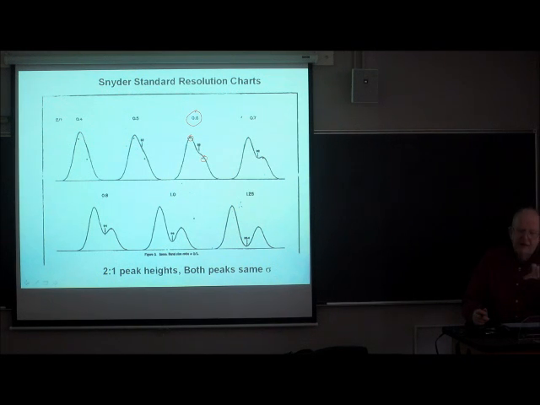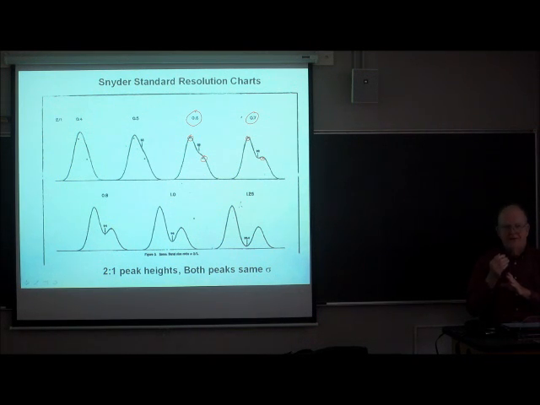So, in order to see a clear-cut minimum between the 2 peaks, for 2-to-1 peaks, you need a resolution somewhat greater than 0.6. Here's the case of 0.7. In this case, the dot is really in very good agreement with the top of the curve. There's really no error in the earlier peak. But if you've got really good eyes, you can see that this dot is not quite smack on the black.